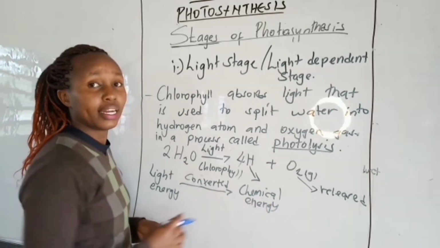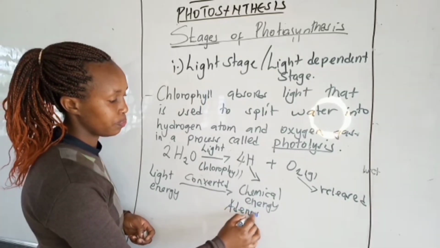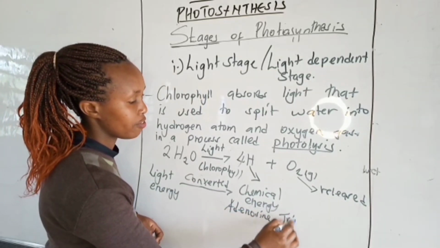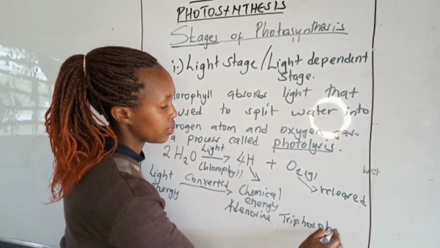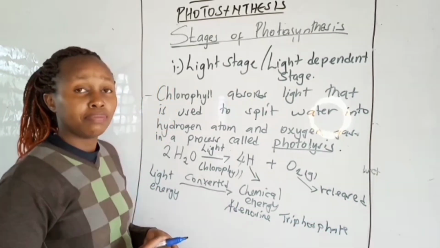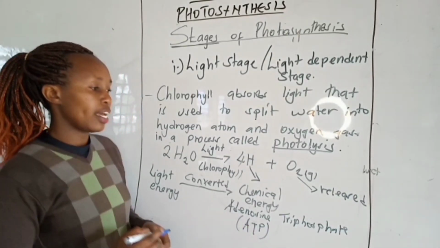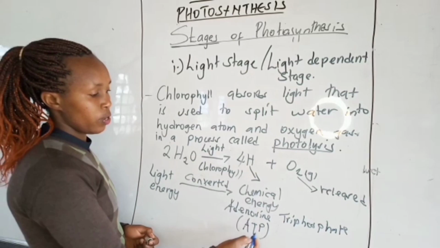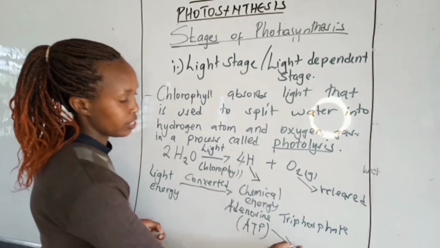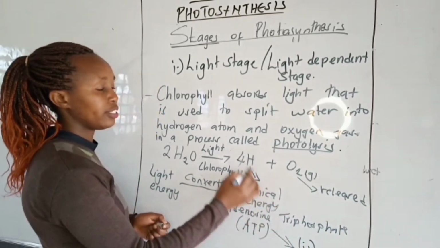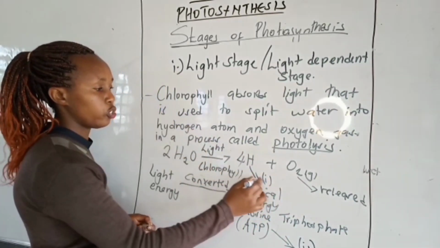And the chemical energy in this case is called adenosine triphosphate. Normally in biology we will hear of ATP, the adenosine triphosphate. So this is going to be used in the second stage, stage 2, and the hydrogen atom will also go to the second stage.